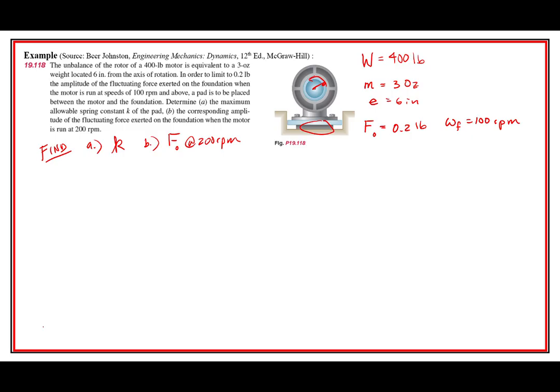So here we're saying big X is going to be equal to M E omega F squared over the square root of K minus big M omega F squared plus C omega squared. That is omega F, by the way.